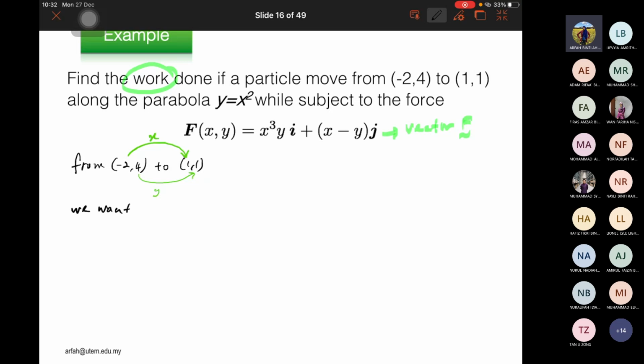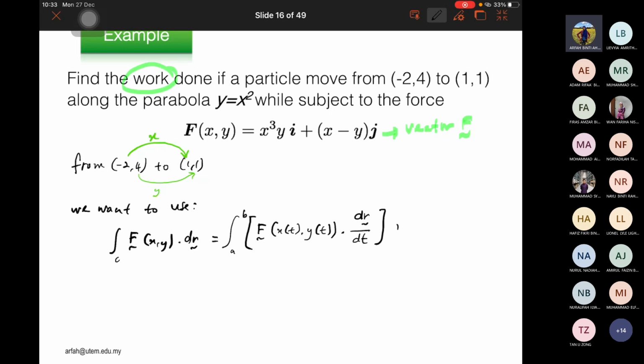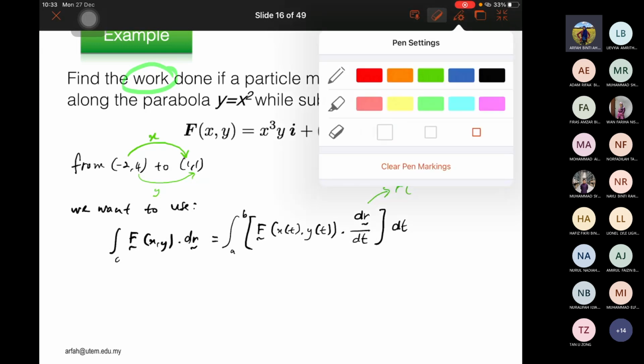We want to use integration over the curve C of vector F dot dr, this is the dot product, equal to integration from a to b of F of x(t), y(t) dot dr over dt, with respect to dt, by which this is r prime t.